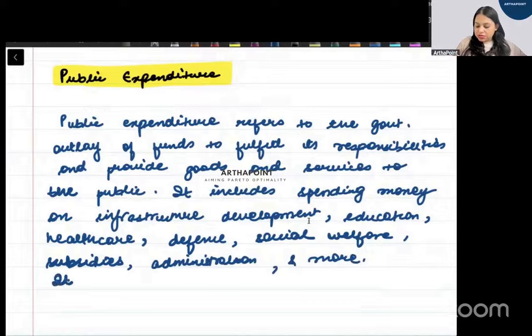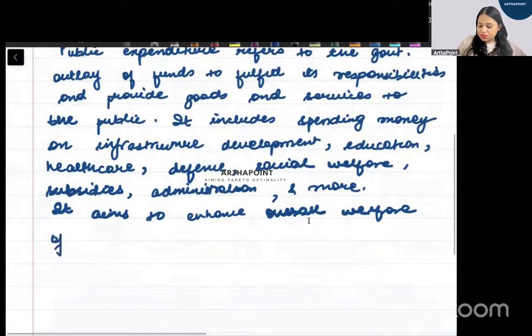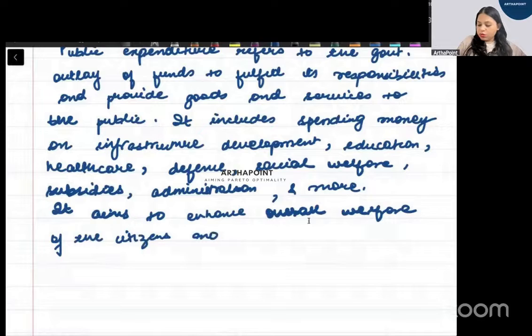It aims to enhance the overall welfare of the citizens and promote economic growth and stability.